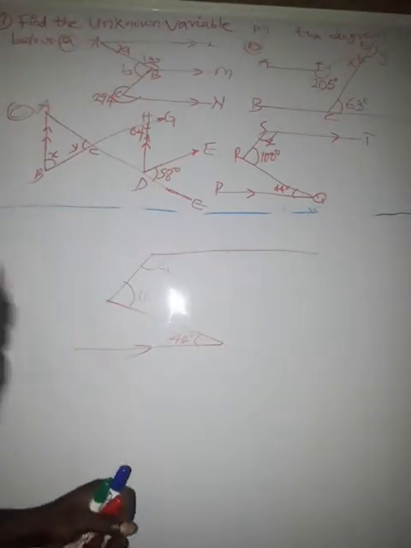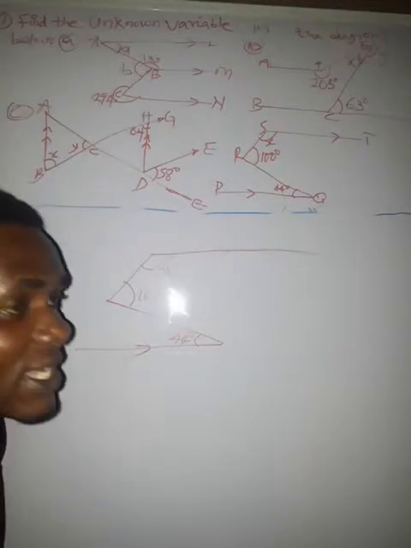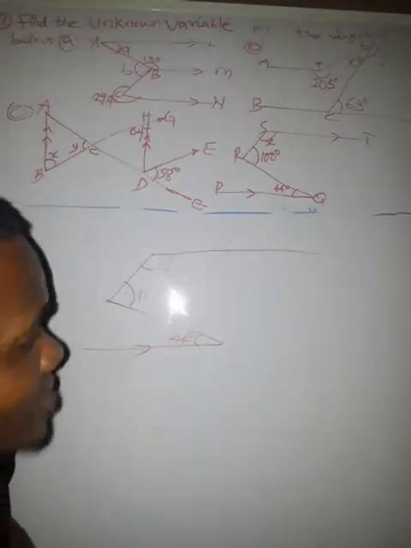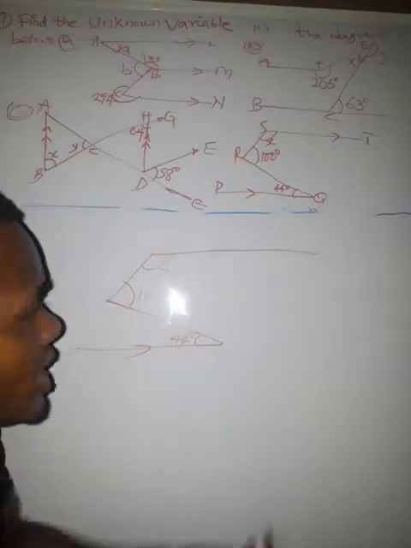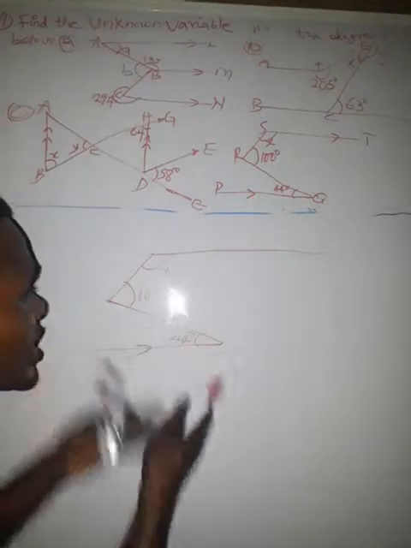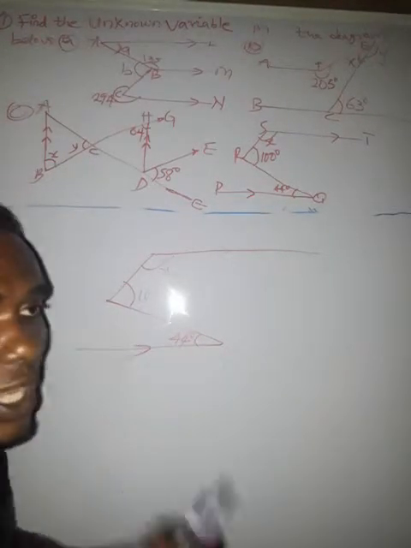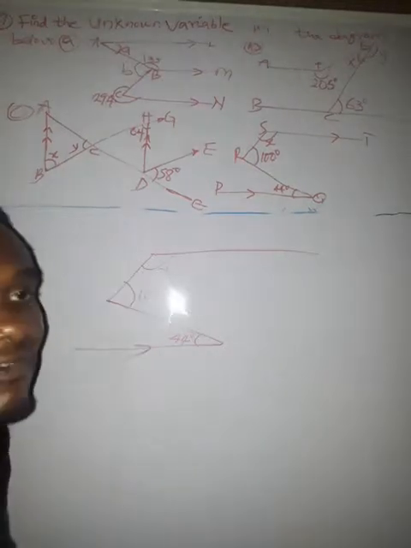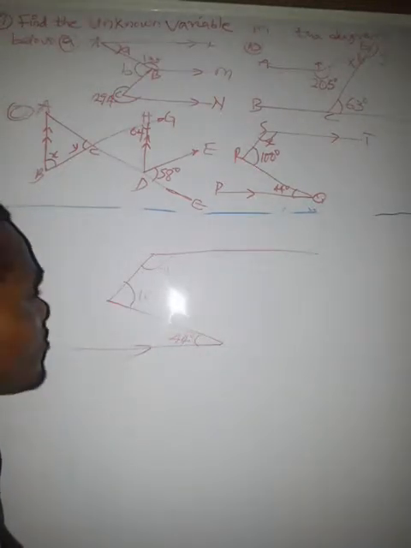First of all, I've told you that to solve this, you look at how to solve before you write. So I'm not writing now. Let me look at the diagram and see the way I can find the value of x.